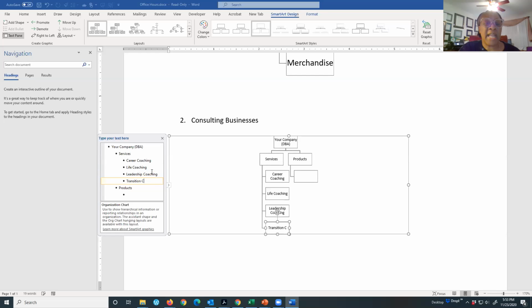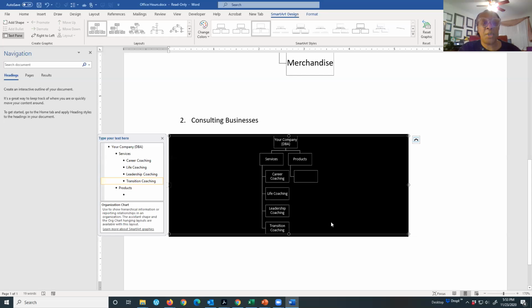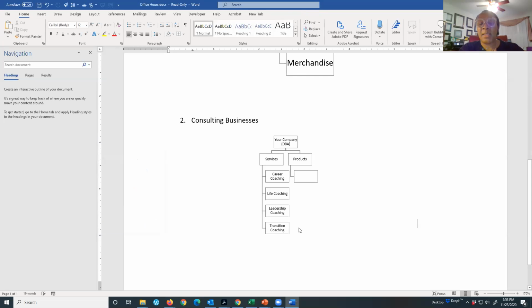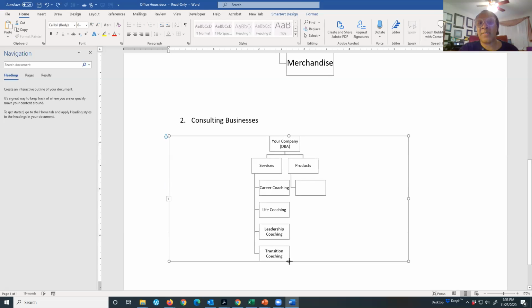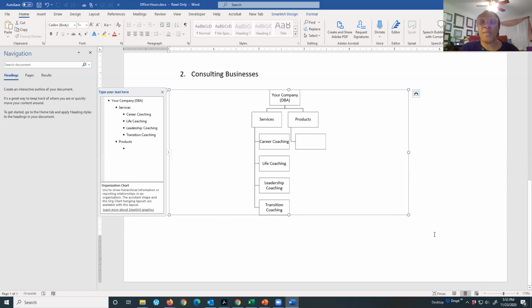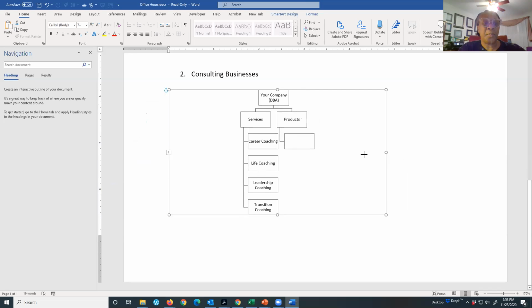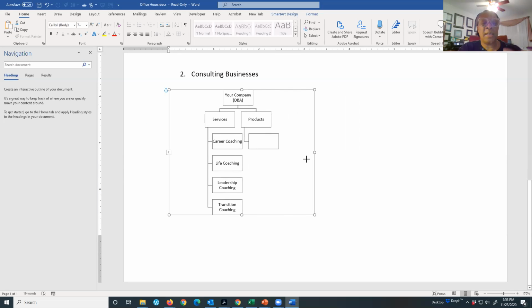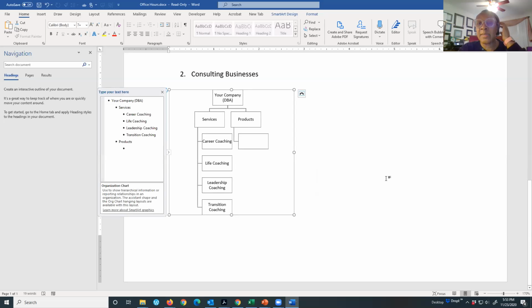And the transition is not the death. Transition is moving from, it's like when I left the military and going into civilian sector, assisting them with looking at the resumes or the different things that they would need that are different from what you had in the military.